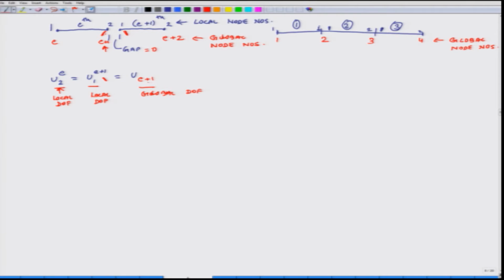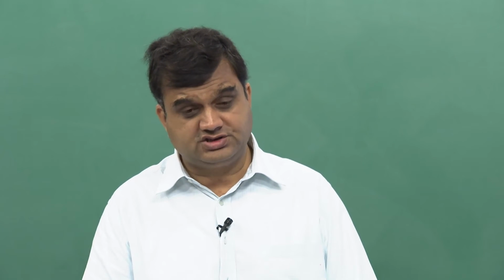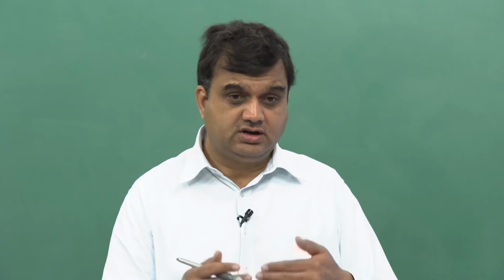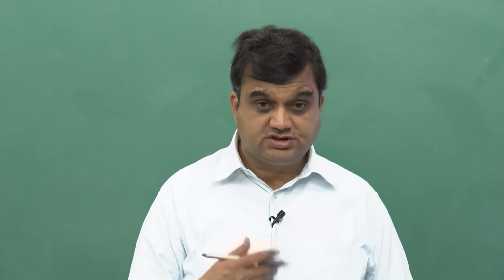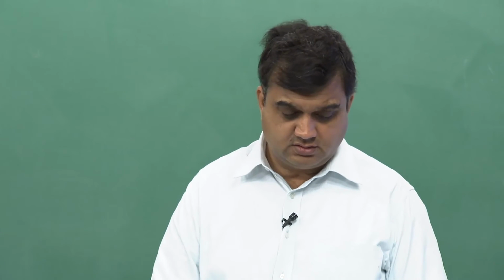This equality is known as the continuity condition. Whenever two nodes are merged, they have the same displacement. If there is a crack, they will not be the same, but if they are fused together, if there is no breakage, then they will have the same deflection or displacement or temperature or whatever. So this is the continuity condition.